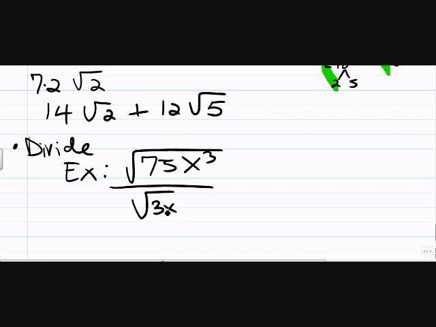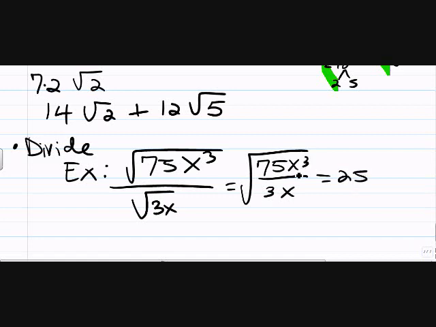Put them all under one radical and simplify first. Square root of 75x cubed over 3x. 75 over 3 is 25. X cubed over x to the first power is x squared. Square root of 25 is 5. Square root of x squared is x.